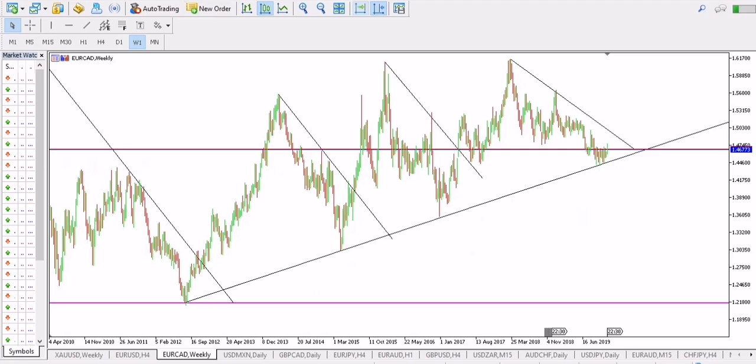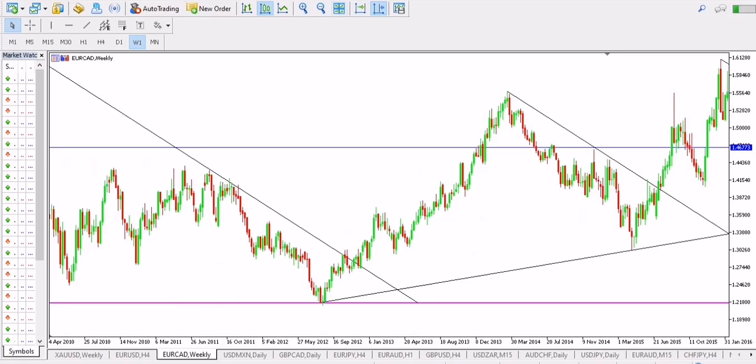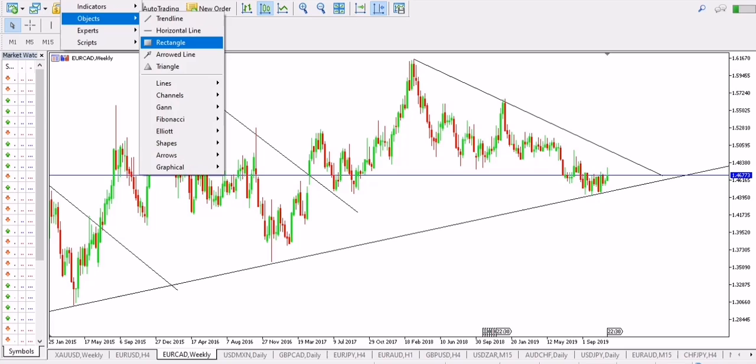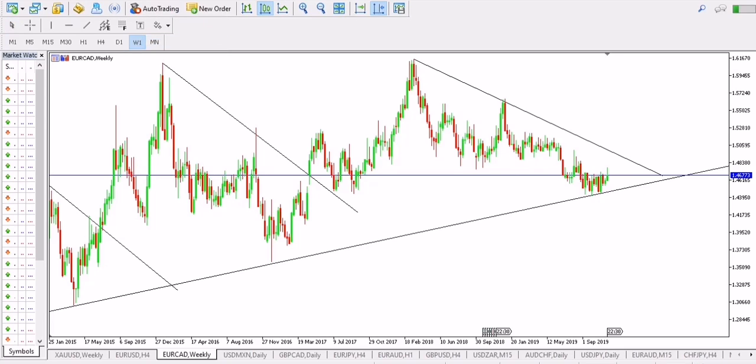So as we move on, we're going to try to sense any signs of sensitivity around this area. So I'm going to use a rectangle for that. As we can see, the market turned around this area, went up, and then some sort of stop happened here, and then there was a breakout and pulled back up.